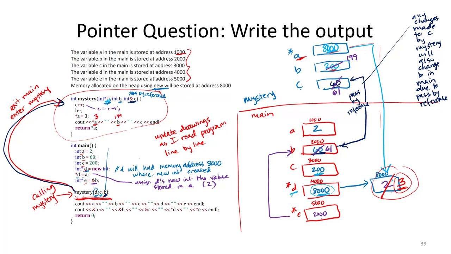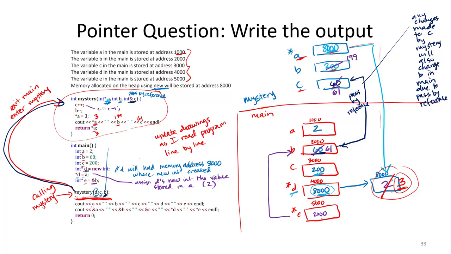Finally, I need to output my variable C. C inside Mystery contains the value 61. Finally, Mystery is going to return the value where A points, which is 3. But I don't give Mystery any variable to return A to, so that return value is just going to be thrown away. No one is there in main to receive it.